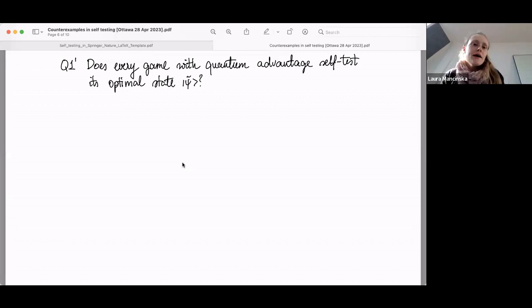They allow you to tell what could have generated some probability distribution. They give a very tight description of what the state and the measurements could be, and that is sometimes useful in proofs. For instance, in the MIP star equals RE paper, self-testing is also used.